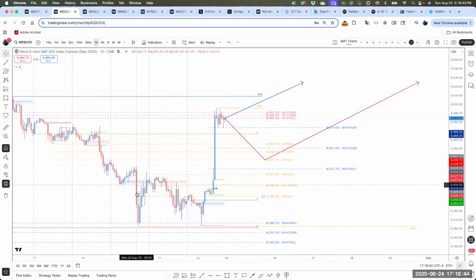This one got inverted right here, and then this one actually started the move up. At a later date, I'll be looking at this again. I'm just going to leave this on the chart for now. On a later date, I am going to be watching this as a potential area that we come back to.